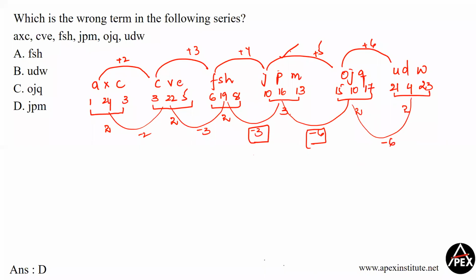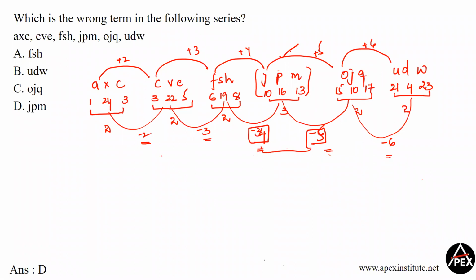So there is something incorrect with JPM, isn't it? If I say minus 4 and minus 5, then this series would have been perfect: minus 2, minus 3, minus 4, minus 5, and minus 6.